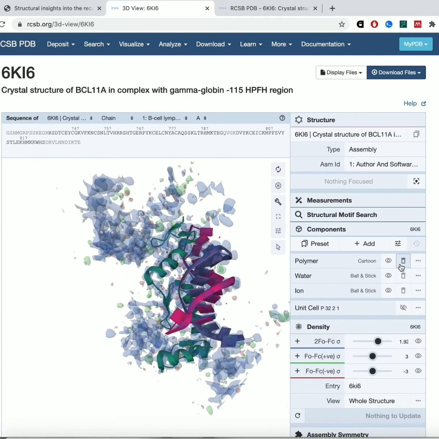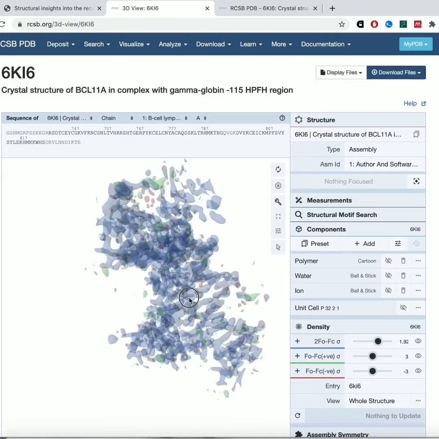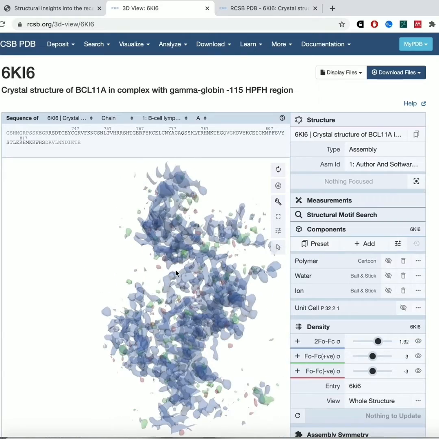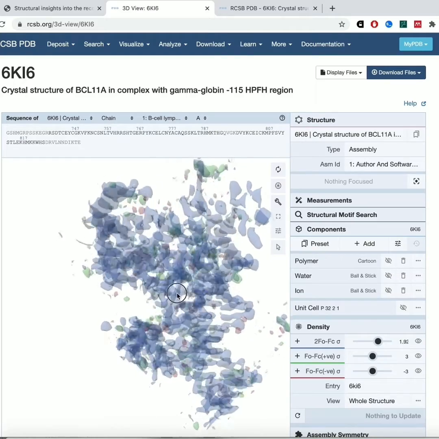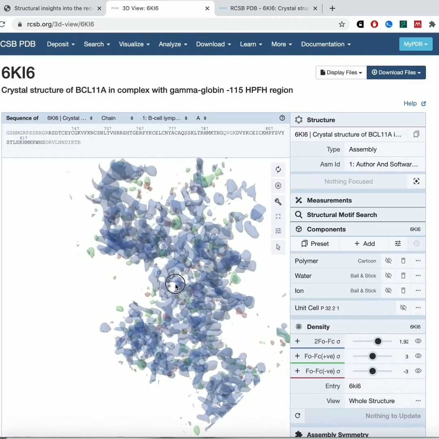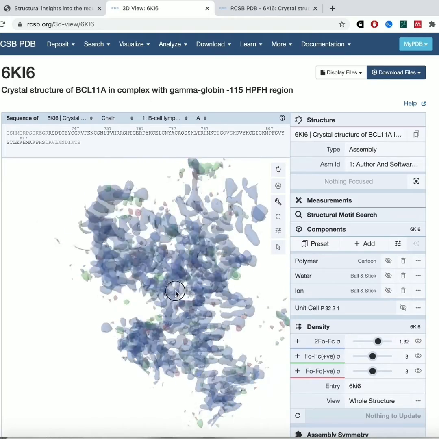If we turn off this cartoon view, and turn off these, now you can see the sort of thing that you get, the electron density map. This is working backwards from those diffraction spots. You get this meshy mappy thing.